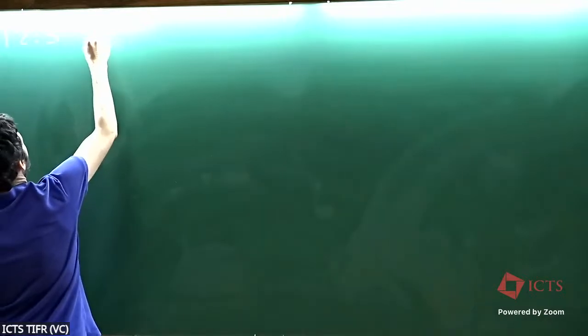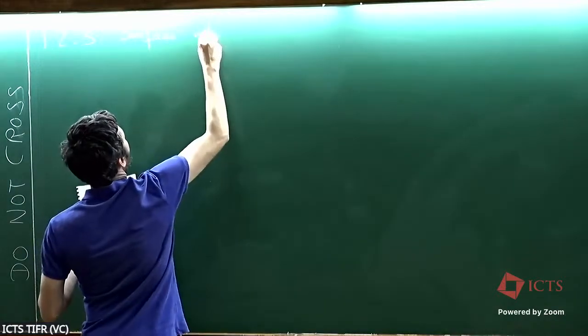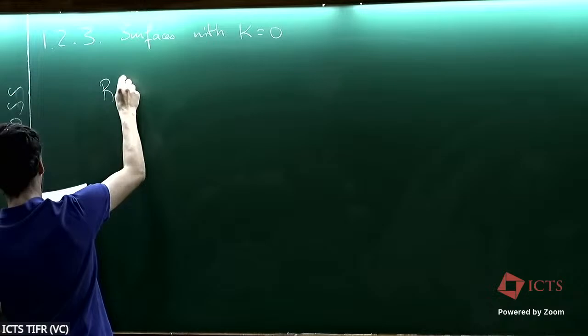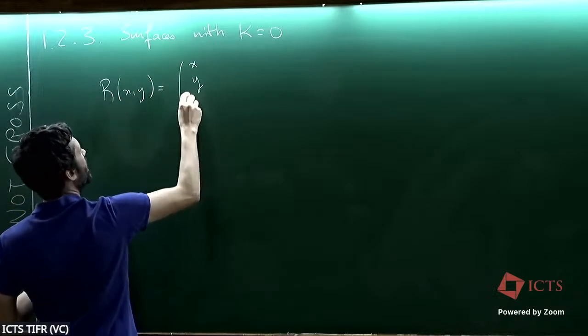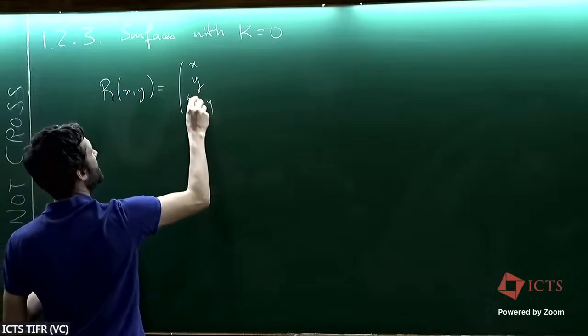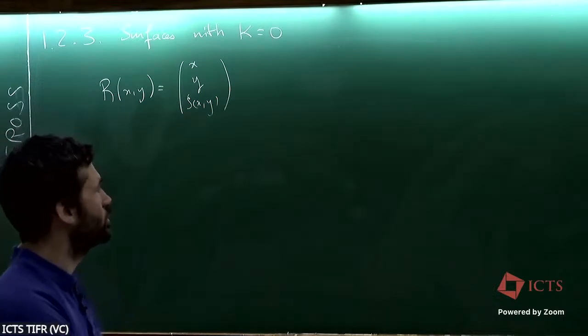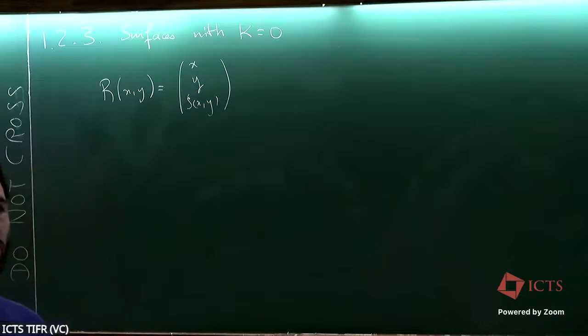So what we want to explore are the surfaces defined this way, x, y, and this function zeta of x and y. And I want to know what are the conditions on zeta for this surface to be isometric to a plane, or equivalently, to have zero Gaussian curvature.